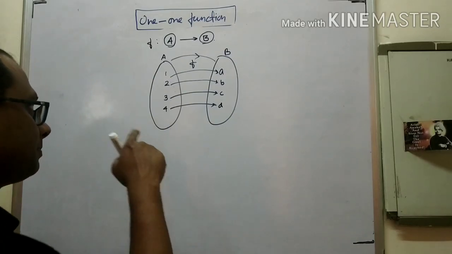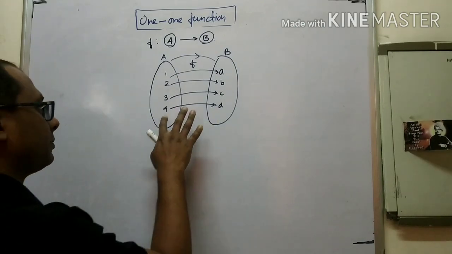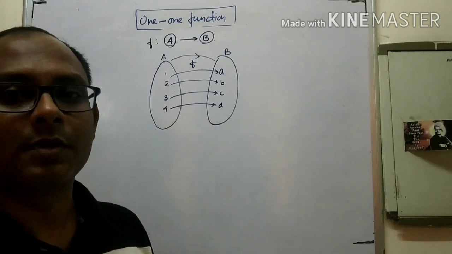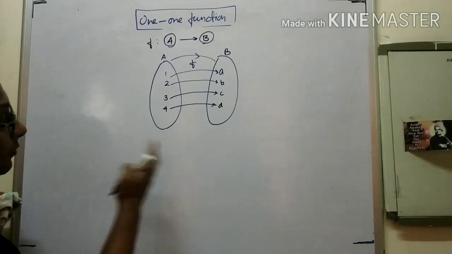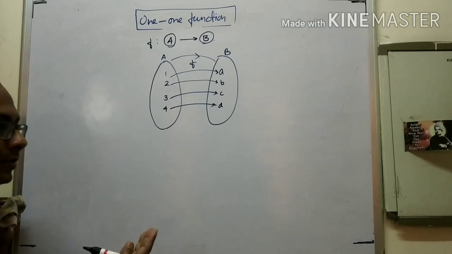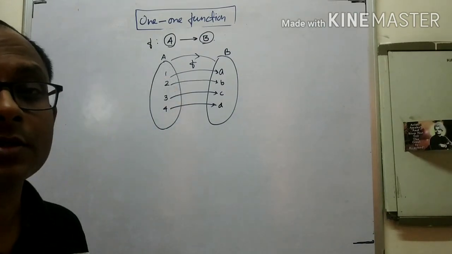So basically this concept is this only. The only difference will be that the sets will be different, and probably most of the time they will be infinite sets. Now before we move ahead, in many questions we have to prove whether the function is 1-1.